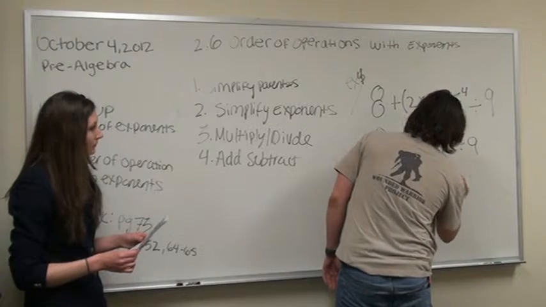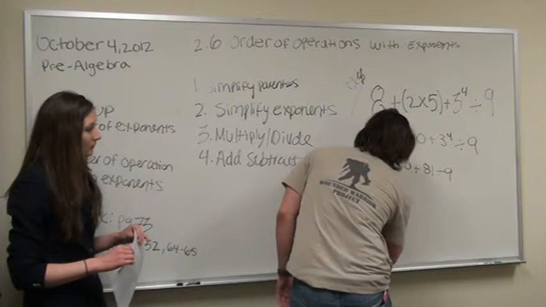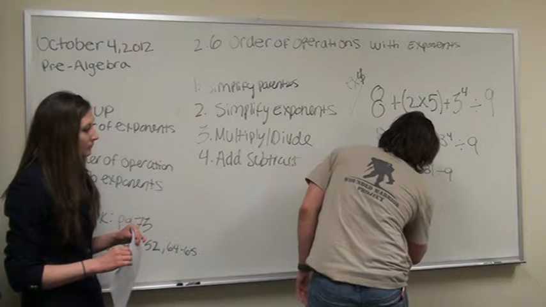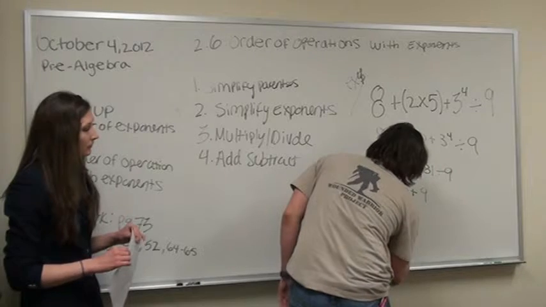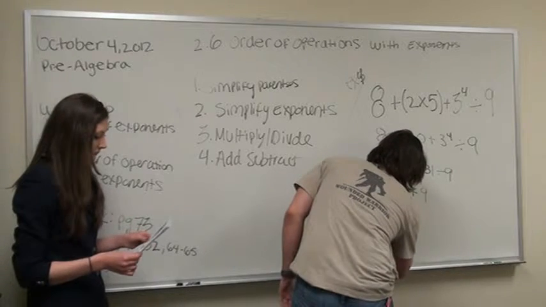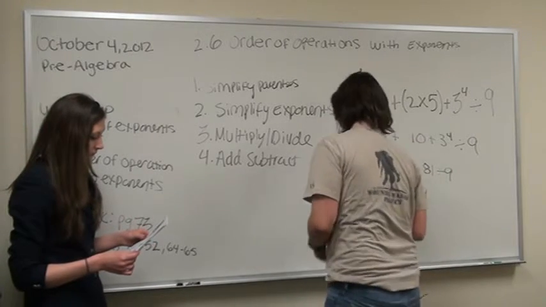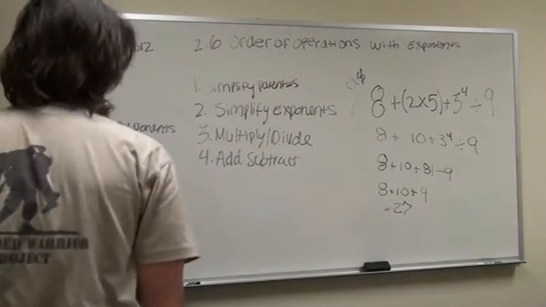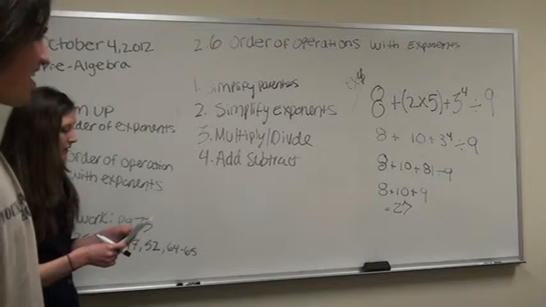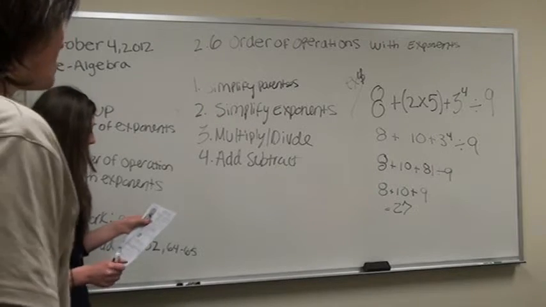Divided by 9, and then we have 8 plus 10 plus 9, which equals 18, 27. Is that right? Okay. You were close.